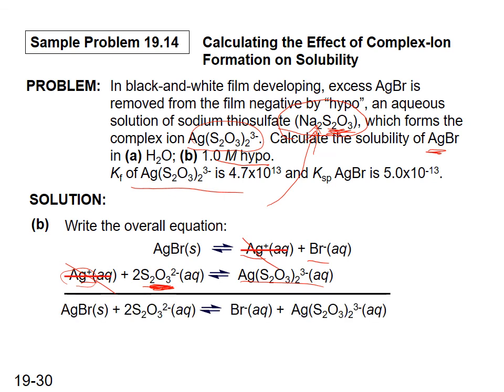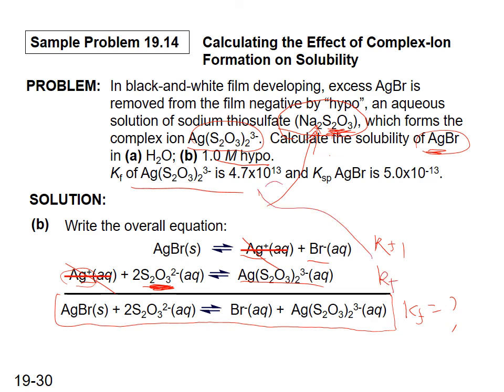Okay, so when you add the silver bromide in the sodium thiosulfate, this will be the overall reaction. But what is the Kf for this reaction? Well, we know this one, we just calculated in A, and this one is given here. Okay, so this one should be the product of these two, because this reaction is the sum of these two.